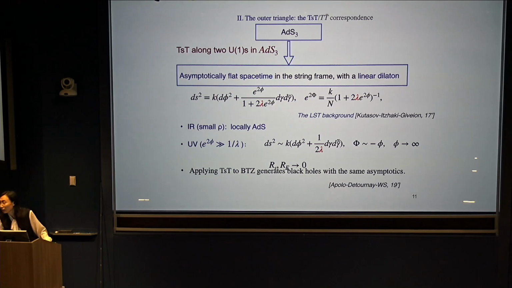Is the scalar curvature 0 for any value of lambda, or only for non-zero lambda? The scalar curvature goes to 0 when phi goes to infinity for any lambda. Oh, so it's not 0 throughout. No, it's not. In the bulk, you see, this rho is phi.